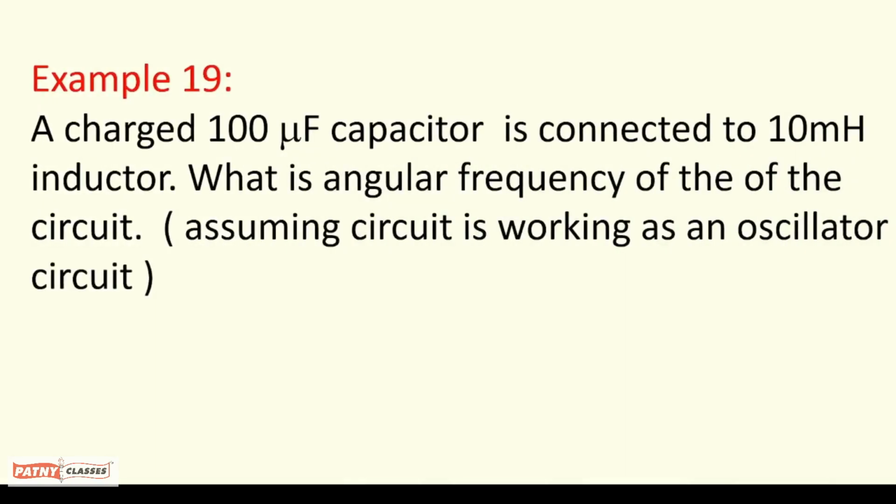Example 19. A charged 100 microfarad capacitor is connected to a 10 millihenry inductor. What is the angular frequency of the circuit, assuming the circuit is working as an oscillator circuit?